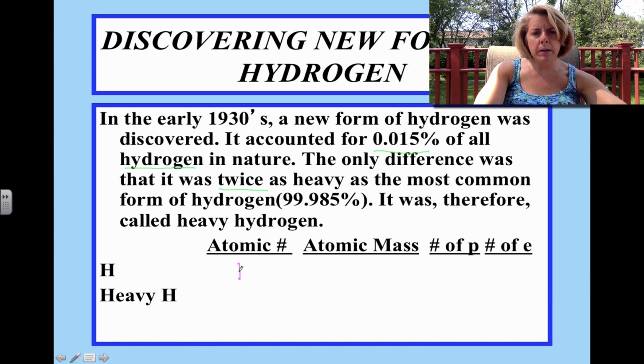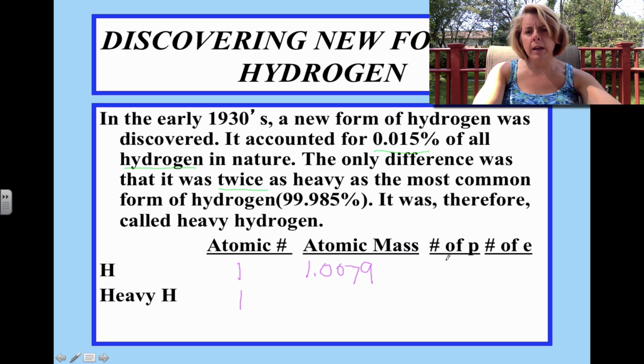we know the atomic number of hydrogen is 1. For heavy hydrogen, what do you think it is? It also is 1. Okay, for the atomic mass of hydrogen, it's 1.0079.